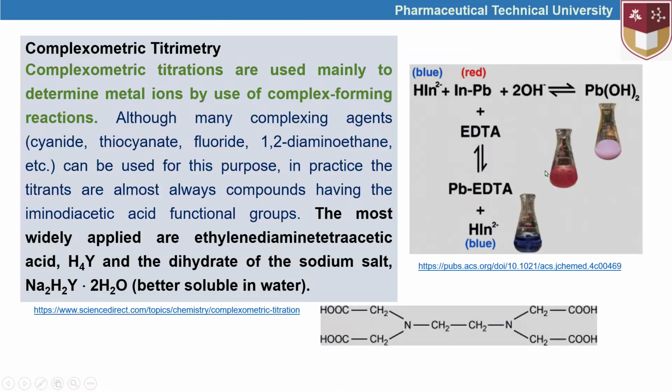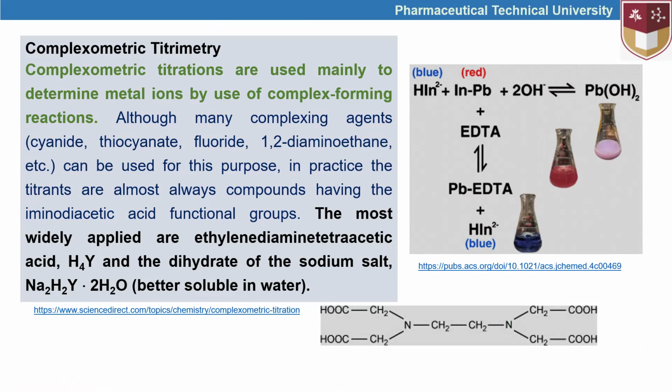Okay, here is one example. This is the structure of EDTA, ethylene diamine tetraacetic acid: ethylene diamine here, and tetraacetic acid. Complexometric titrations are used mainly to determine metal ions by use of complex forming reactions, again, as I said.